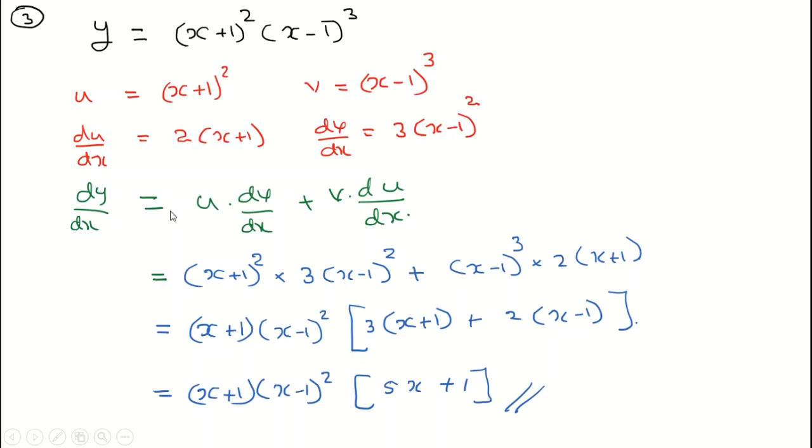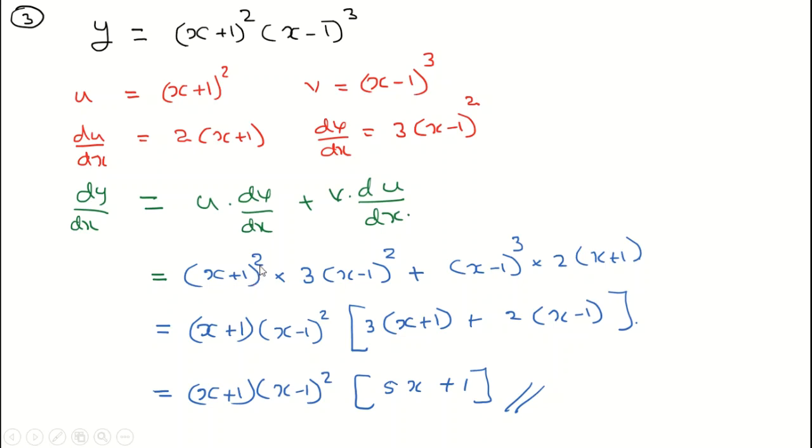So dy over dx is u times dv over dx plus v times du over dx. So I am writing this formula each and every time so that you can remember it. Right, when you write this each and every time, then you will never ever forget it.